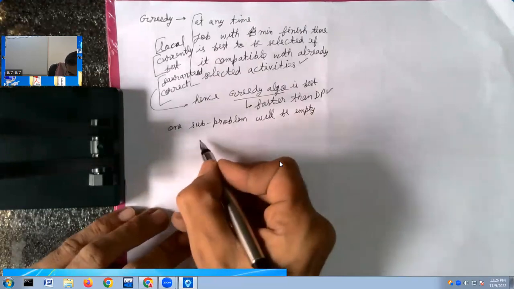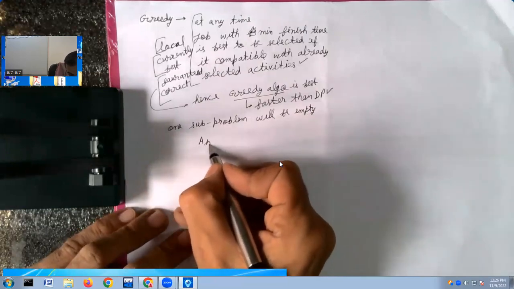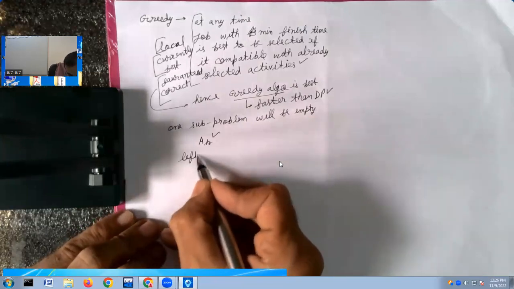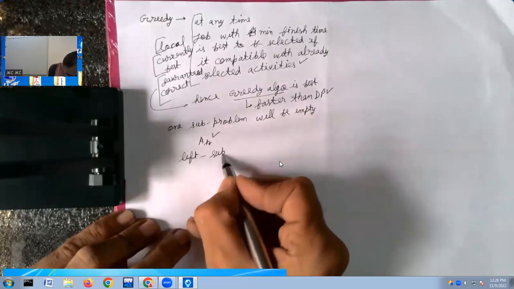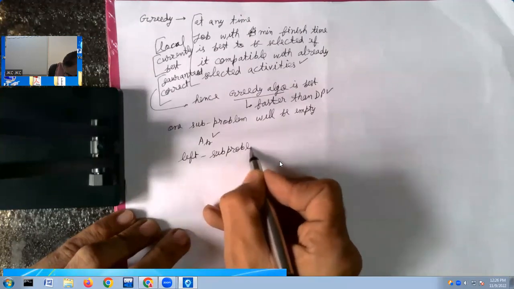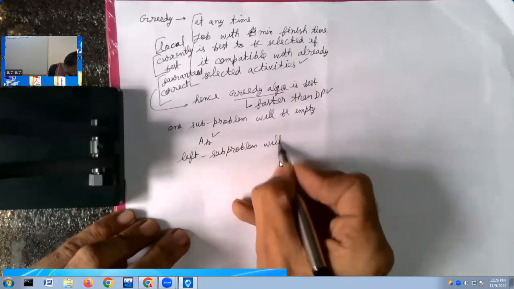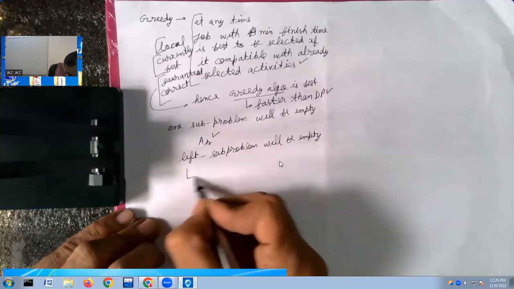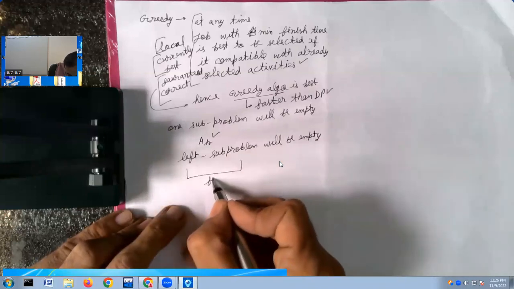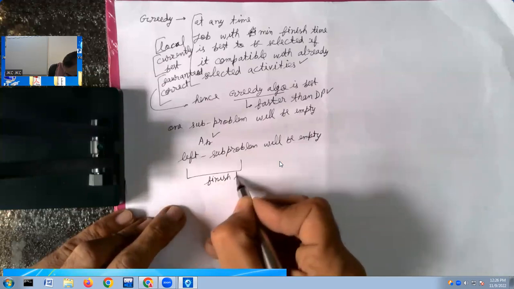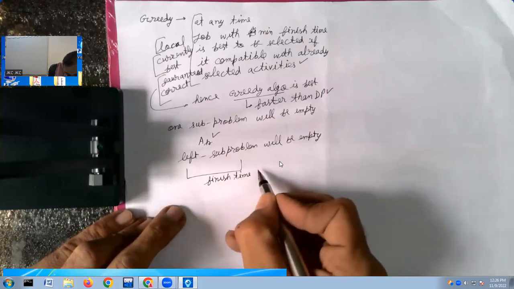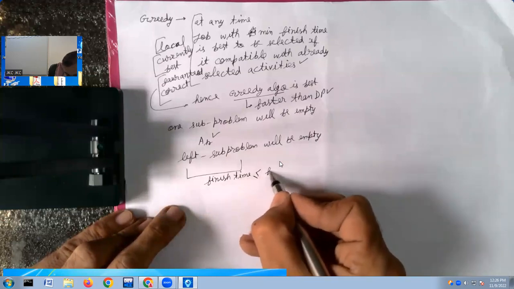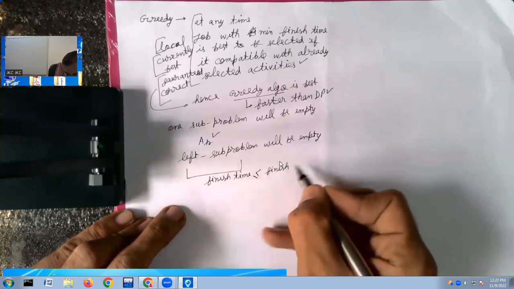Like if I say I selected some activity AK, the left side sub-problem is empty, because the corresponding activities on the left side have their finish time less than or equal to the finish time of this job.